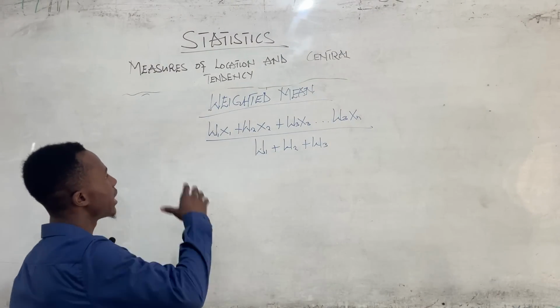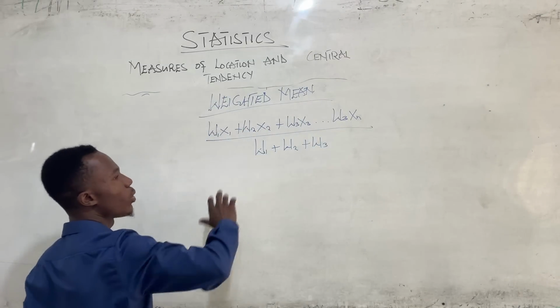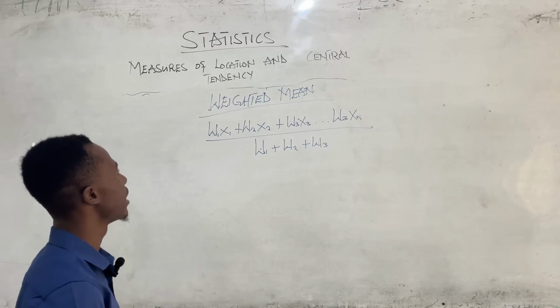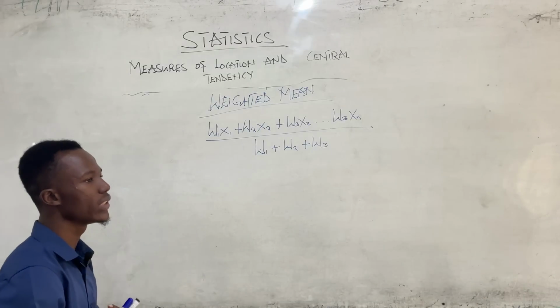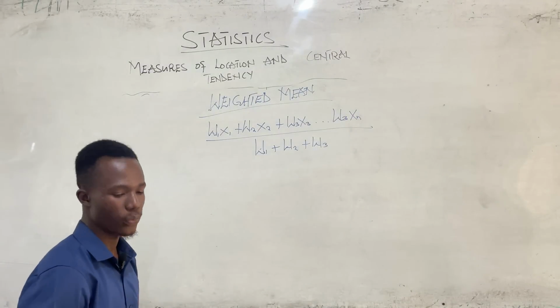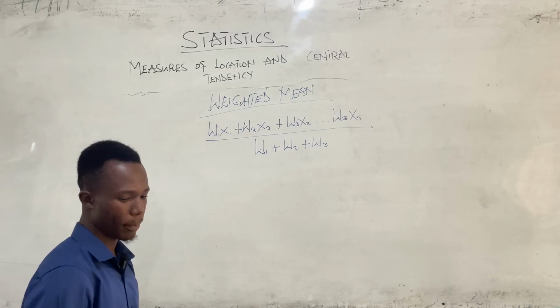Just keep it in mind, they are all X. And the W normally talks about the number of employees in the organization, or sometimes they say weights. We normally call them weights. Okay, so let's pick a question.